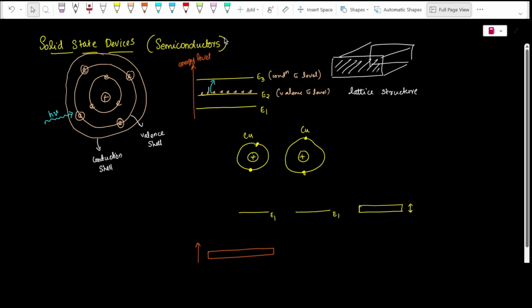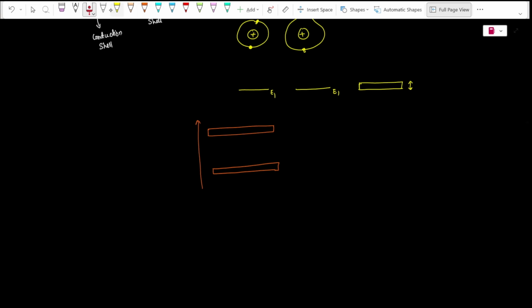And I had already mentioned that this electron could excite. But if I look at the same scenario when atoms are kept in a lattice, it will look something like this. I should draw one more to make the idea clear. So let's say that this is my valence band. Now I call it a band. Why?